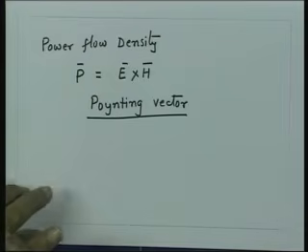It is possible that even if there is a P which is finite at some instant of time, there may not be any net power flow over long time periods. That means, in a time average sense, there may not be any power flow associated with the system.